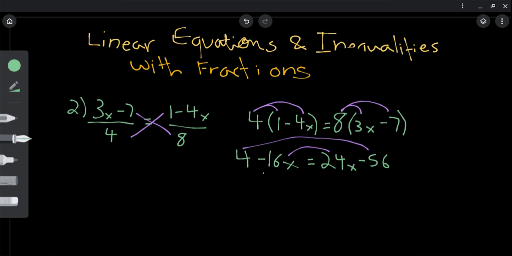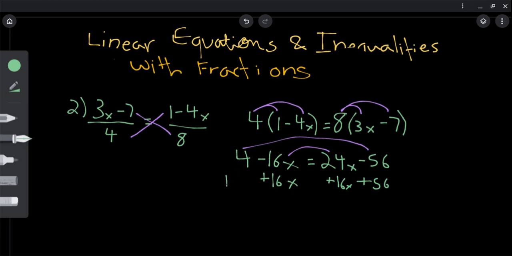We are going to add 16x because it's being subtracted on this side and we're taking it to the other side, so we're going to do the opposite operation. So plus 16x. And then here we're going to move negative 56 to the 4. Because it's negative 56 over here, it's going to be positive 56 on the other side. So minus 56 turns into plus 56.